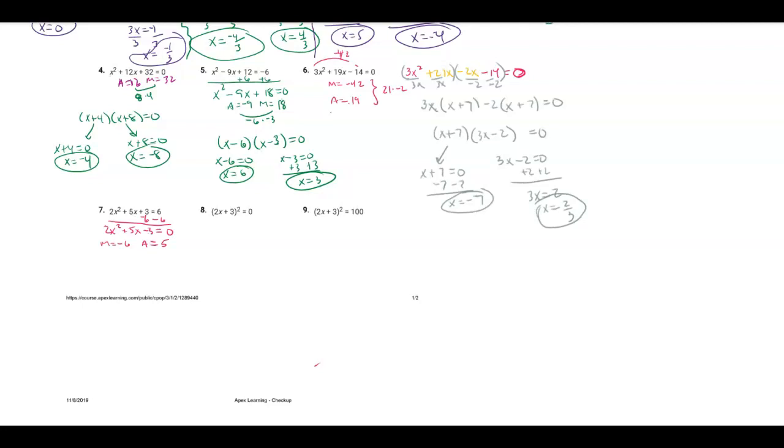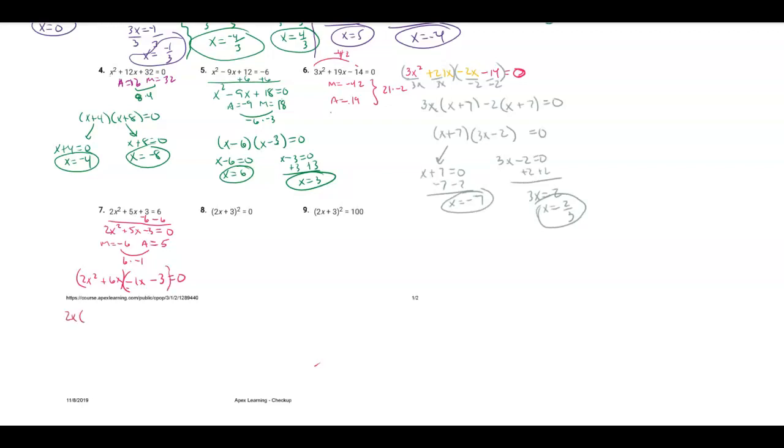So we know right away the signs have to be different, so these numbers would be 6 and negative 1. So we rewrite this as 2x squared plus 6x minus 1x minus 3 equals 0. Group the first two and last two.